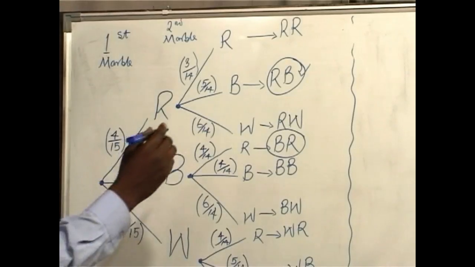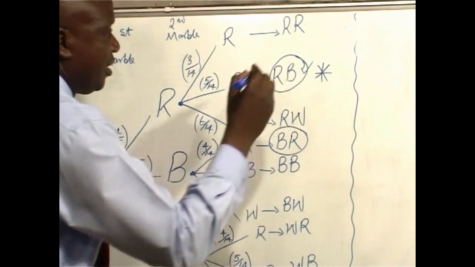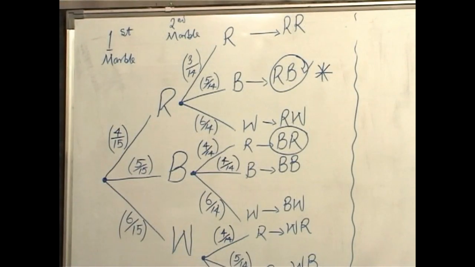So we will go to our tree diagram, scan through and pick out all those combinations where at least one marble is black. So when we do that, we are going to see that this is a combination where one marble at least is black.